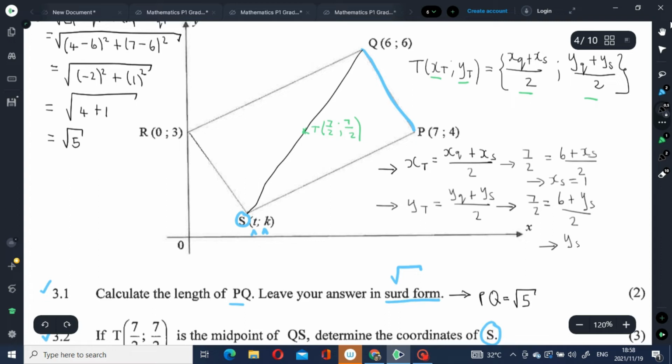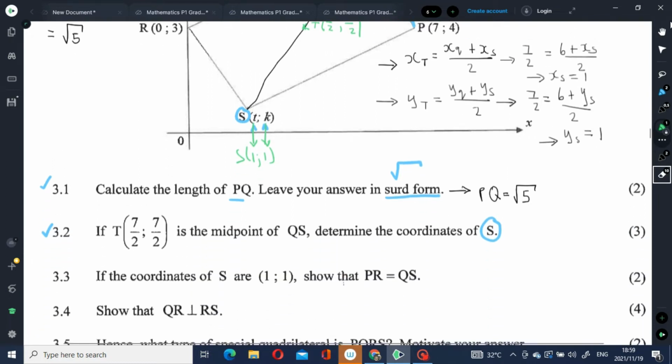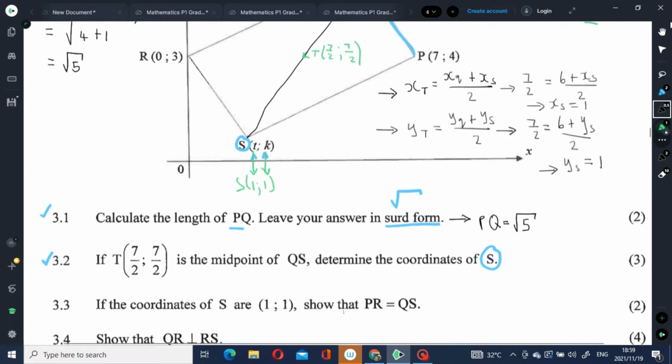So the coordinates of S are 1 and 1 respectively. And those are the coordinates of S. Right. Very, very easy. So let's go to the third question.